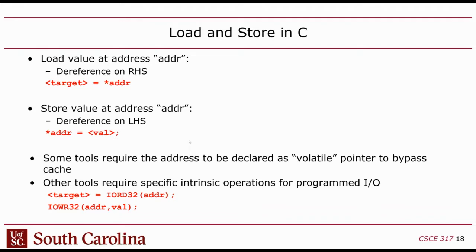So you have to be careful with this. On some architectures, you have to actually use an I/O read, as I show at the bottom for reading, and an I/O write for writing. Those are intrinsics. They look like functions or macros, but in fact they're caught by the compiler and converted directly into assembly language. So yeah, just read the documentation.